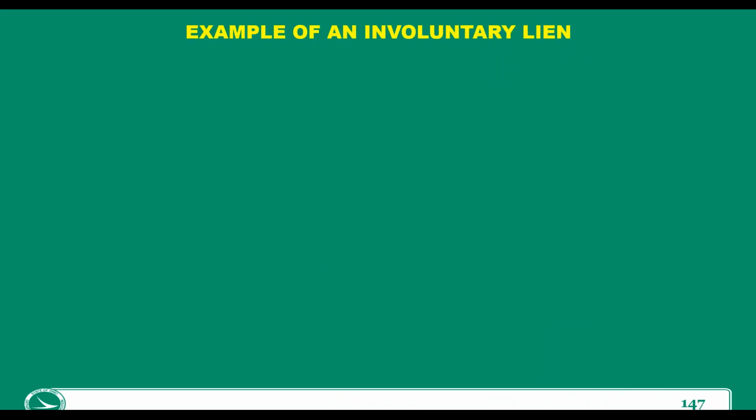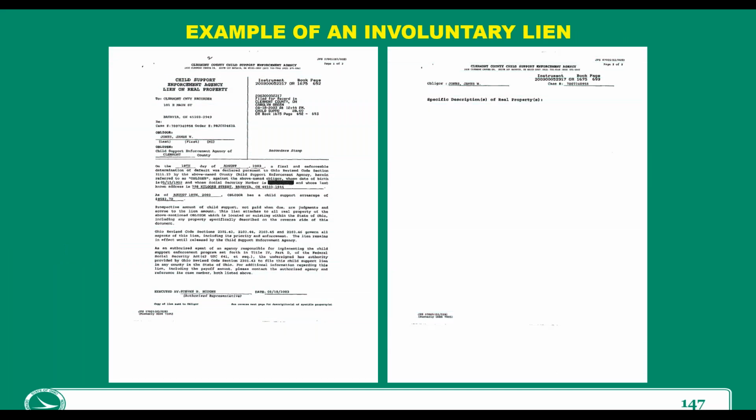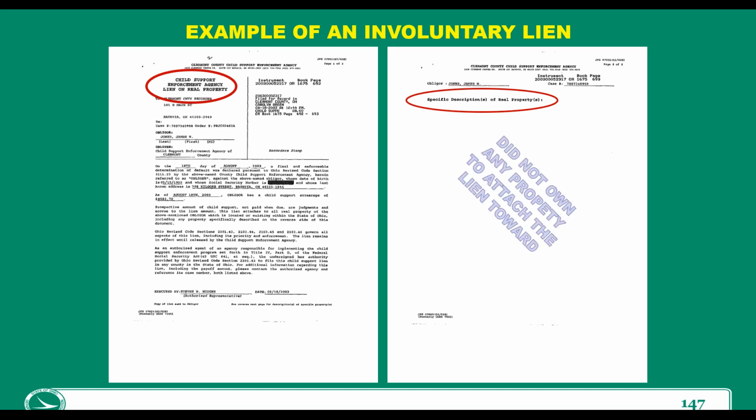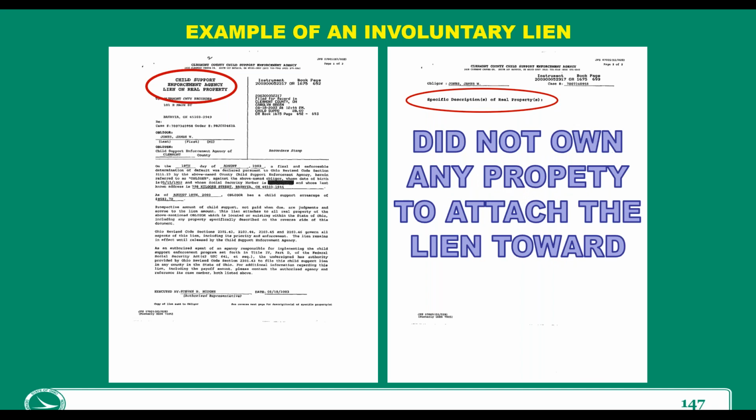Moving on, we're going to show you an example of an involuntary lien. Here we have a child support lien. We can see there's a section for the legal description of any property. Well, this gentleman did not own any property to attach a lien to.